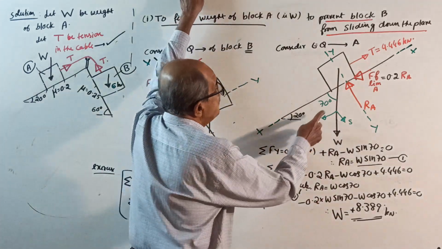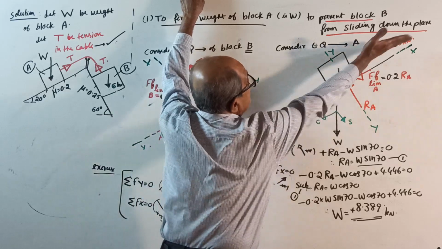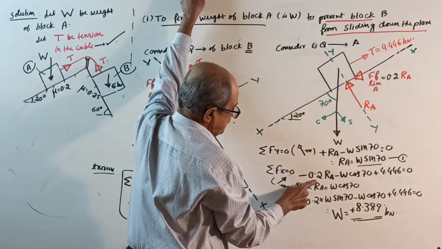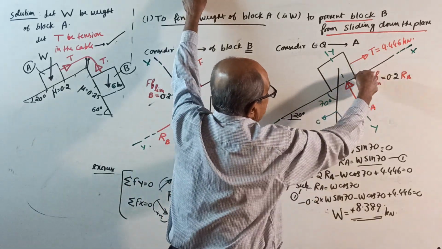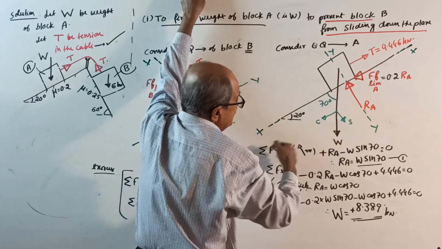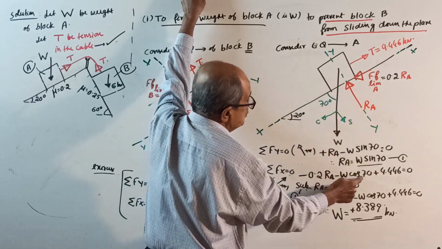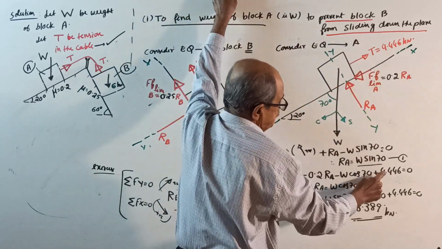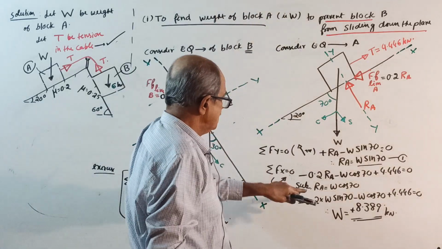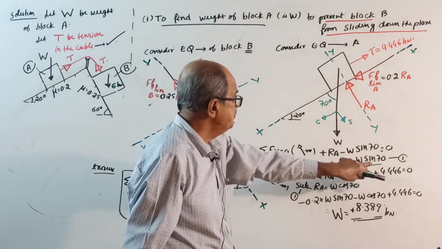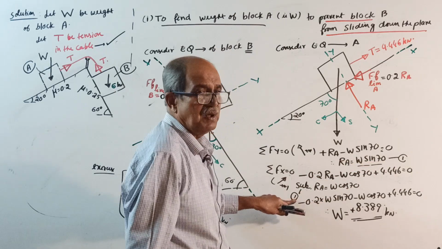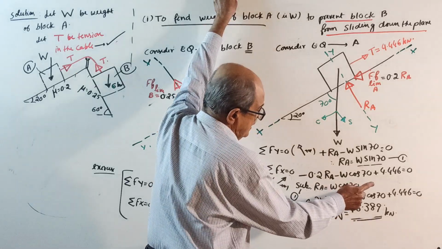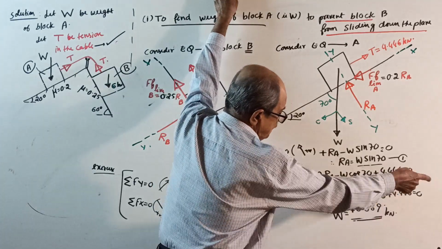Then sigma Fx equals 0, take this way positive. You get, see, minus 0.2 RA, then minus W cos 70, first unknowns, W cos 70, plus 4.446. Now substitute RA equal to W sin 70, that is from equation number 1, you get minus 0.2 into W sin 70 minus W cos 70 plus 4.446 equal to 0.